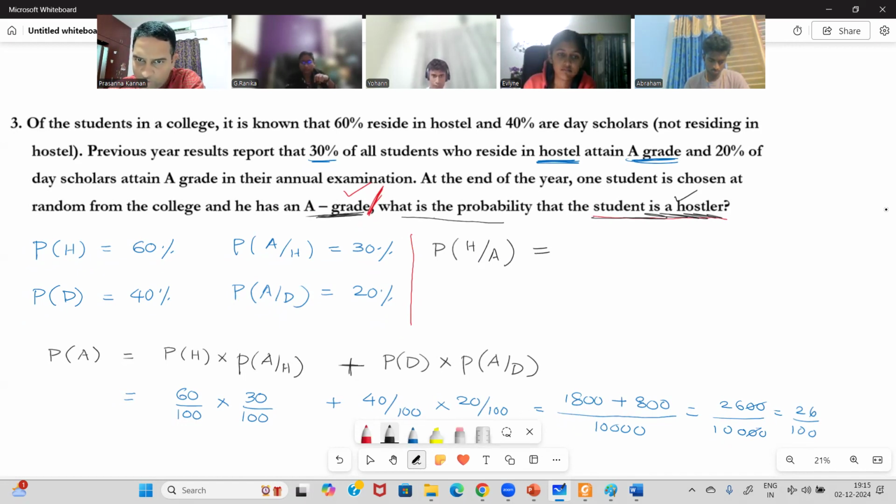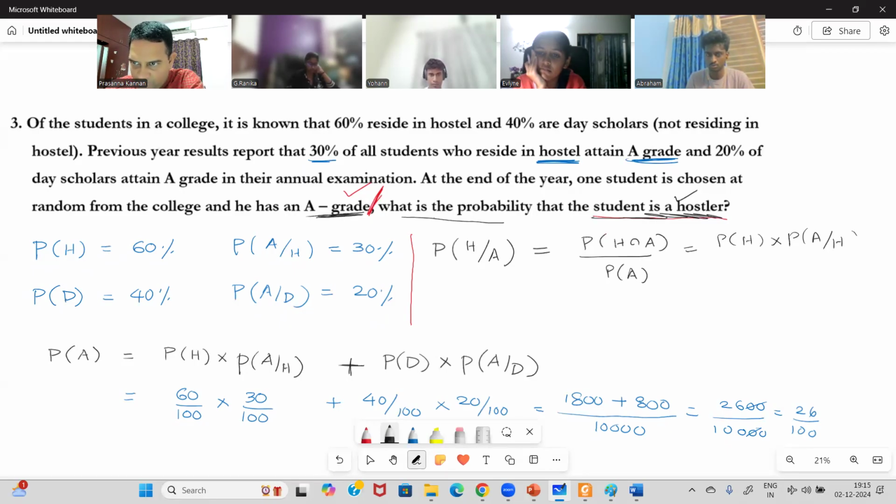So how do you write this now? What is P of H given A? P of H intersection A by P of A. Now, how do you write P of H intersection A? P of H into P of A given H, right? That's all. So your denominator is already found, right?